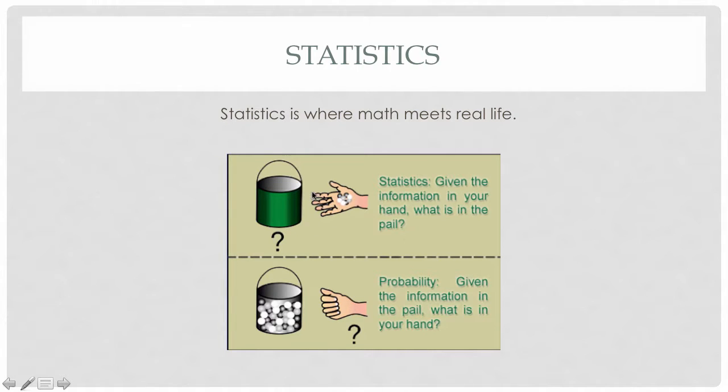In statistics, we can pull small samples, we try and get little snapshots of what is happening, and we use little snapshots of what is happening to understand the overall general trends that we see in the entire population. So statistics is about, given the information in our hand in this small survey or small sample, what can we conclude about everything in the entire pail?